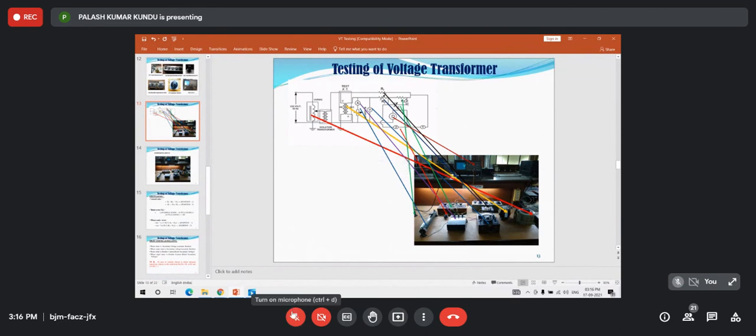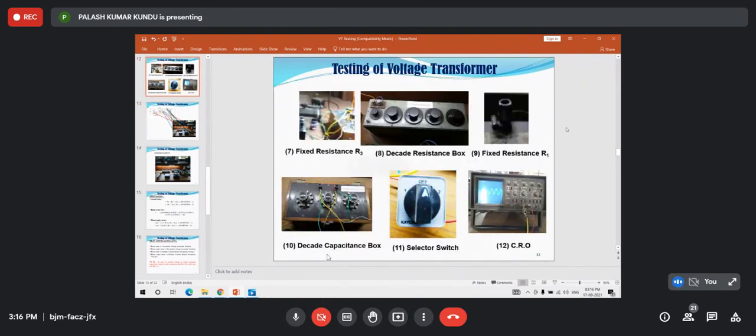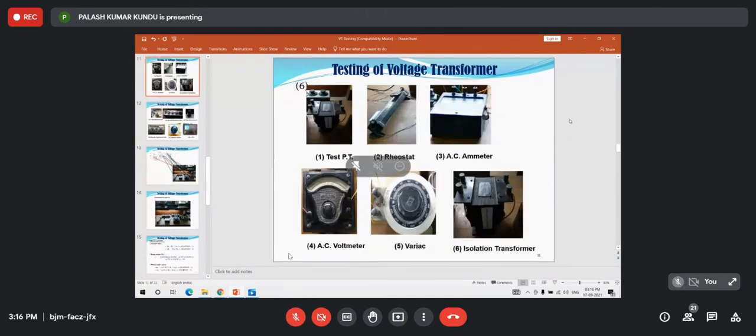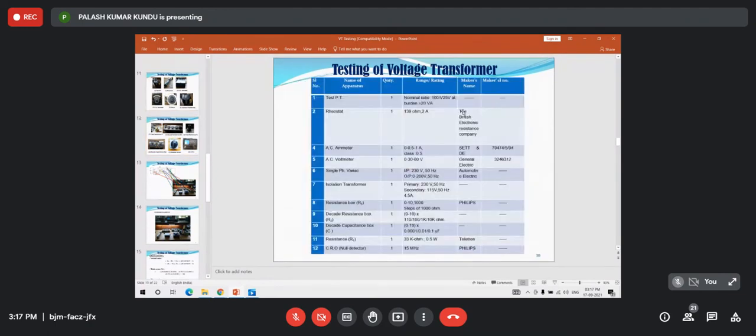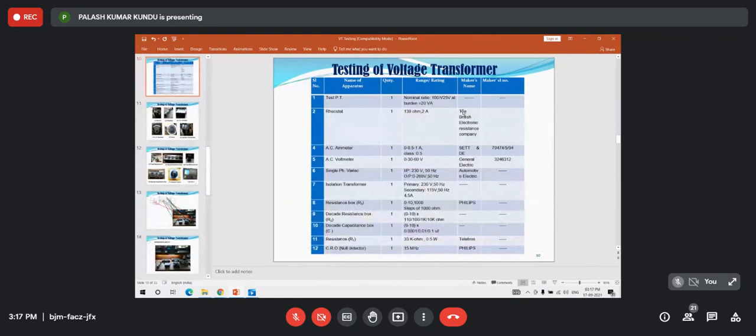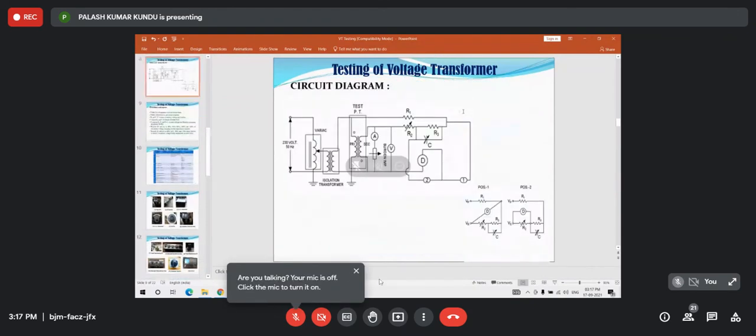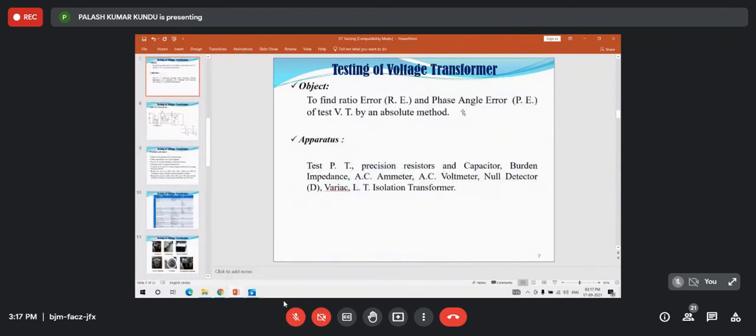This is the experimental circuit diagram and this is the physical circuit diagram, displayed side by side. There is also an individual photo of each and every component; 12 apparatus and instruments have been used. If you have any doubt, you can ask still now.